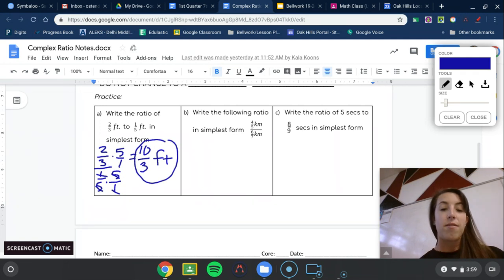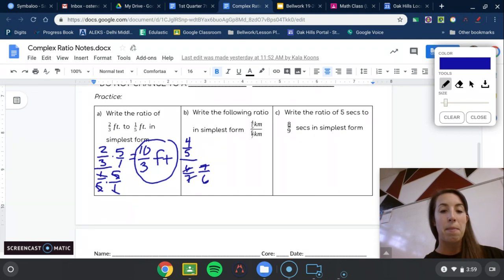Then the following one, it says write the following ratio in simplest form. We have 4/5 over 6/7, and they're both in kilometers. That's how you know it's a ratio, because they have the same units. We're going to do the same thing. It's always keep, change, flip. So instead of 6/7, I'm going to have 7/6.